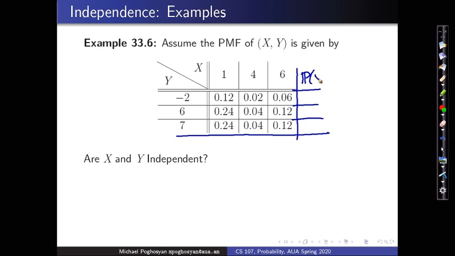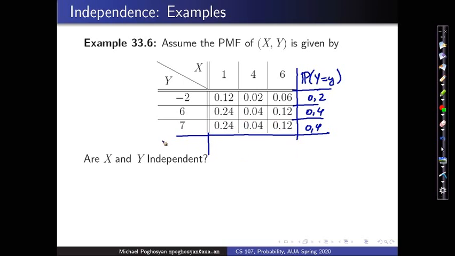For y, I'm adding these 3 probabilities in a row to write it here. 0.2 here, 0.4 here, and I need to have another 0.4 here. Let me check. Yeah, the same is written here, so 0.4 here.